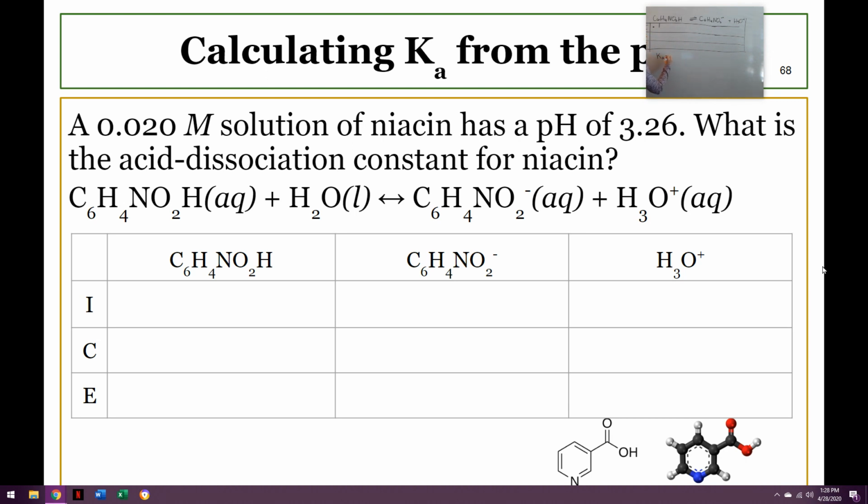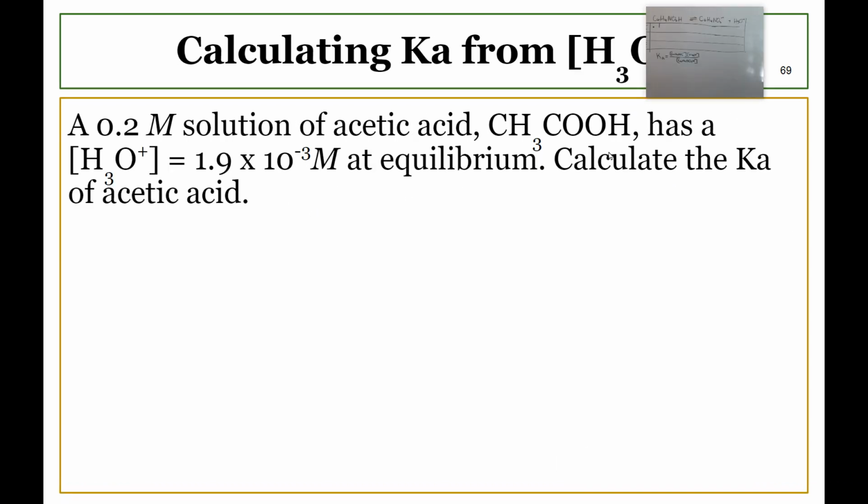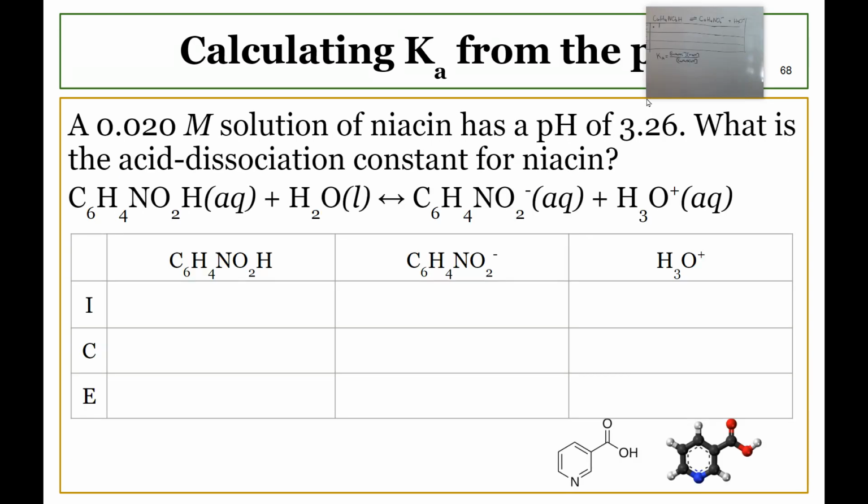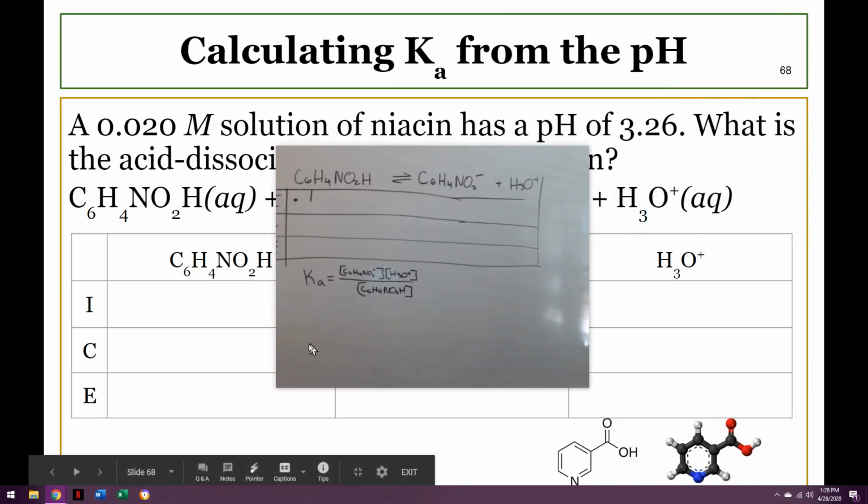Because our Ka for this is going to be your conjugate base, C6H4NO2 minus times H3O, divided by your acid, C6H4NO2H. Let's just make this bigger so you can see it.